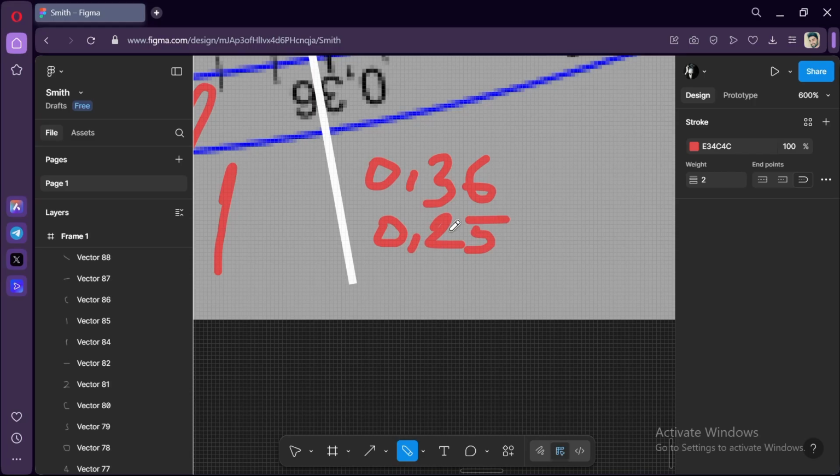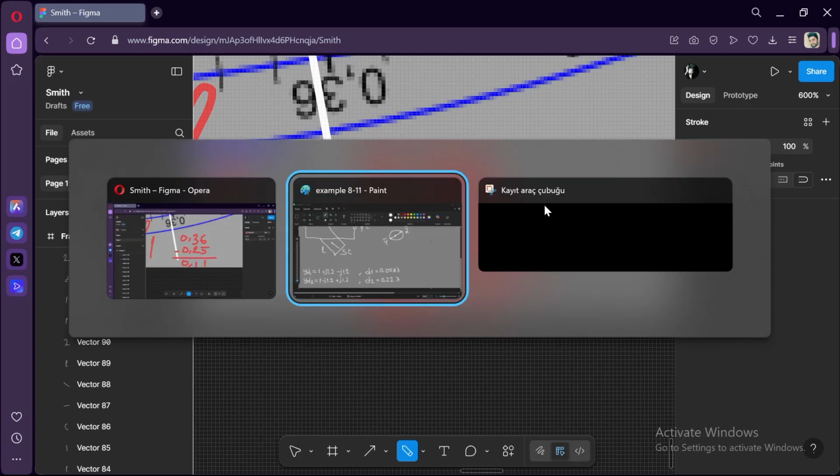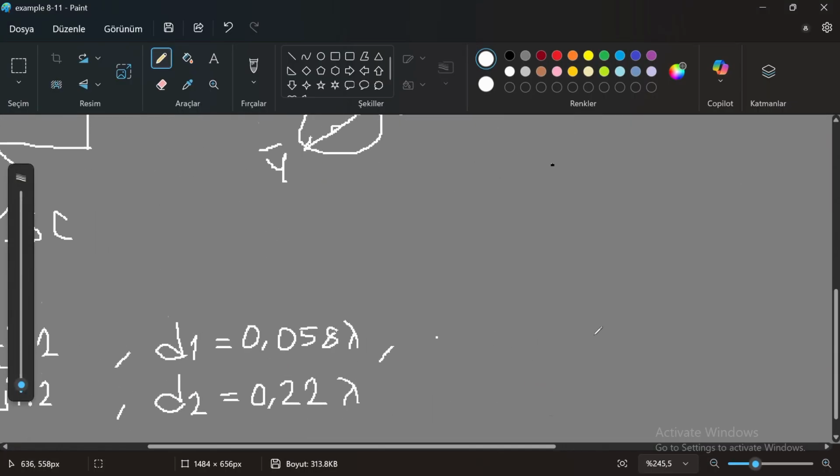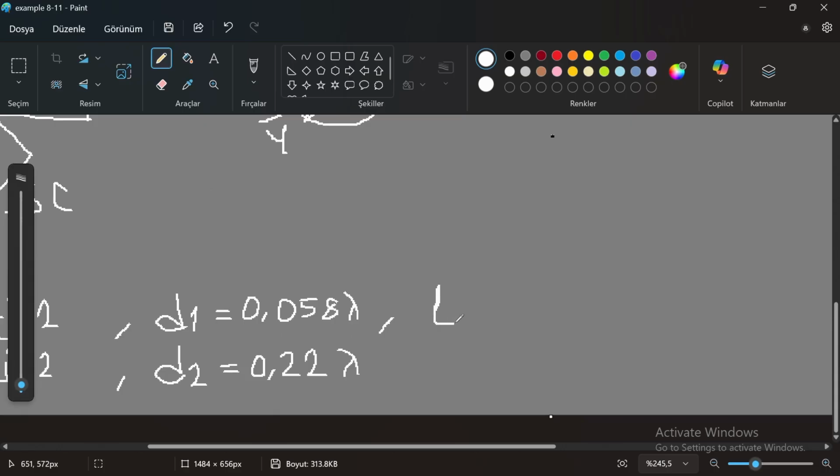So this is the first distance for L values, 0.11. It is L1. L1 is equal to 0.11 lambda.